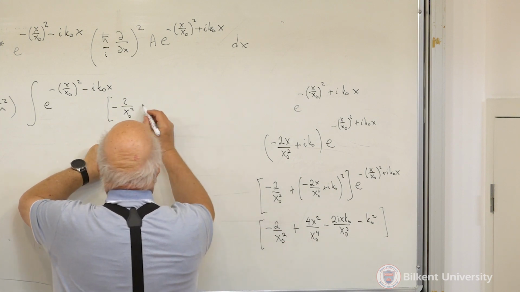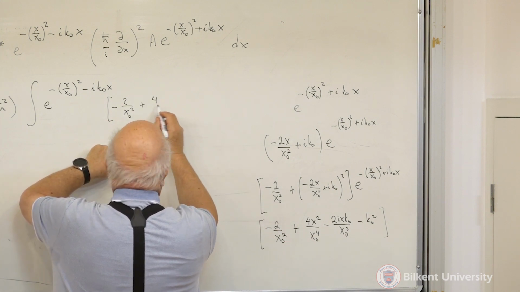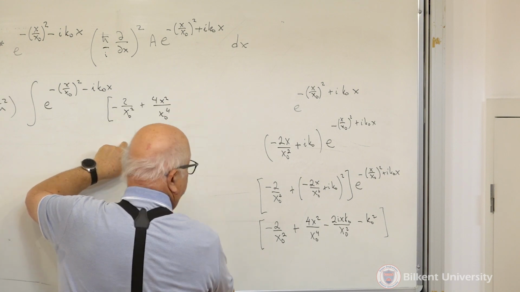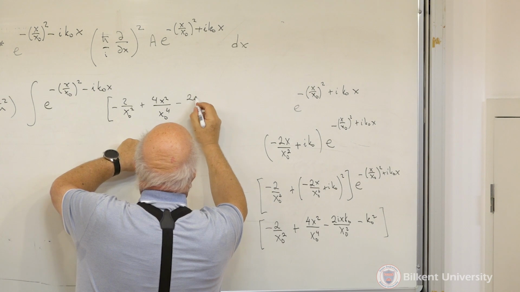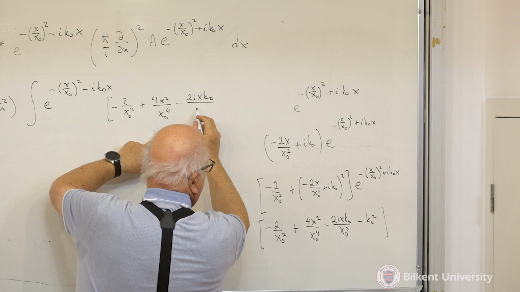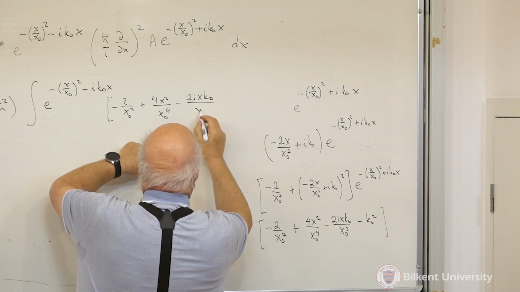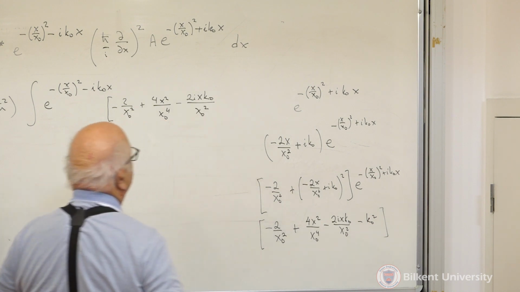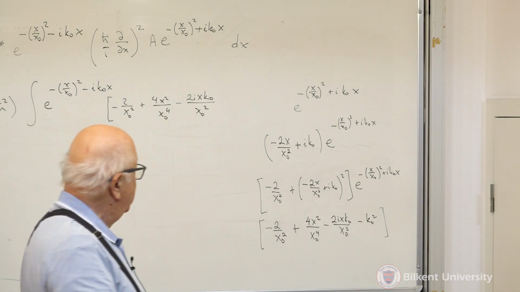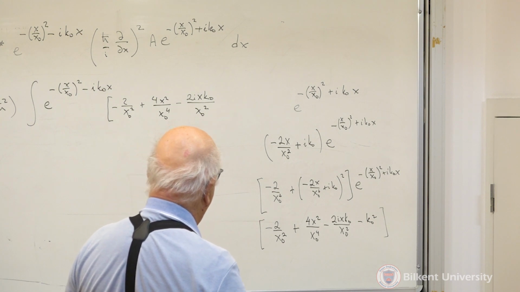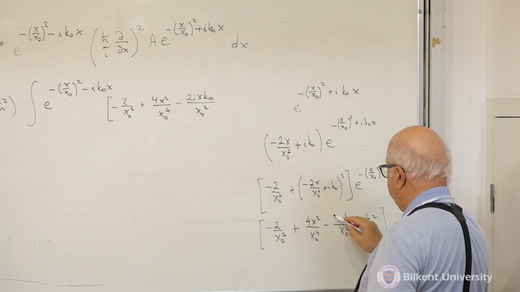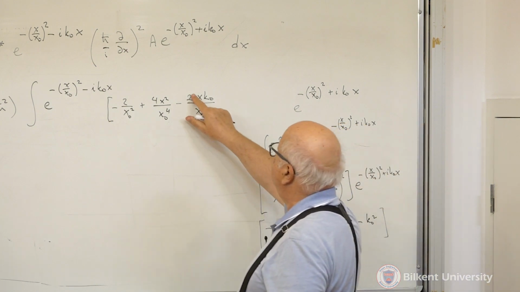This one is also okay, plus 4x squared over x0 to the fourth, minus 2i x k0 over x0 squared. Okay, k has units of 1 over x, yes. I think 4 times i x k0. This one, yes, thank you. Very good. Check my algebra. So this is 4.